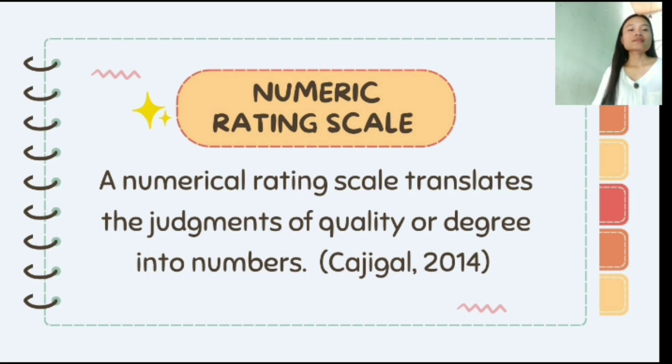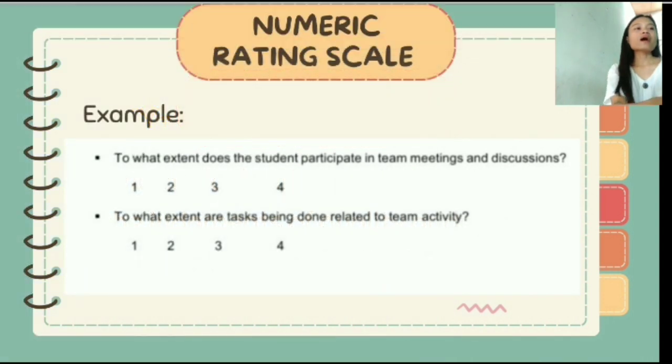This is to increase objectivity and the consistency of the results from numerical rating scales. It includes numerical descriptions of the quality level of each number that may be provided, just like what you have seen in the example.